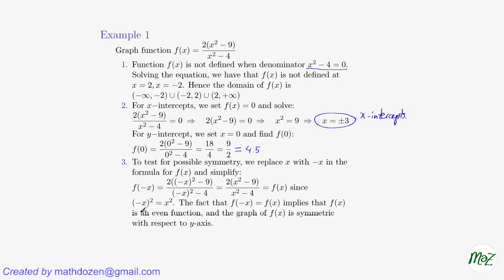And since negative x squared is equal to exactly x squared, because negative 1 squared is 1, we see that f of negative x simplifies to exactly the same expression as f of x. And that implies that this is an even function. And that is really nice for us, because the graph of an even function is symmetric with respect to the y-axis.